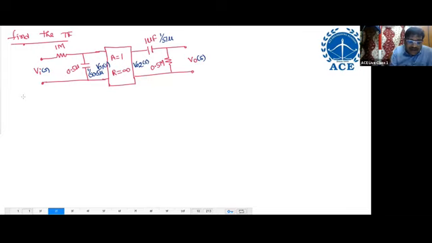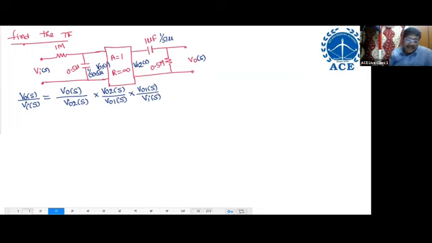Then we can write V0 of S by Vi of S equals V0 of S by V02 of S into V02 of S by V01 of S into V01 of S by Vi of S. So we can write like this.